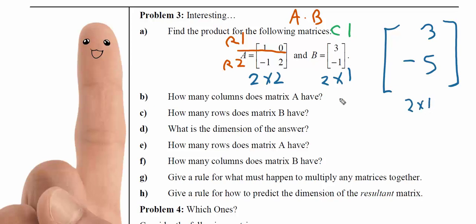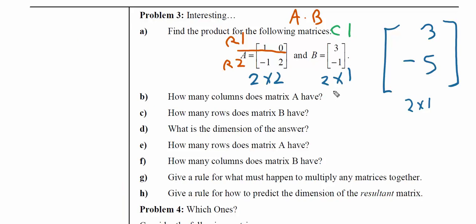We know that matrix A had 2 columns and matrix B had 2 rows, right? That allowed us to recognize if we can multiply or we can't. If these numbers are not identical in the middle, then we would not be able to multiply at all. However, in this example, they were the same number, and that allowed us to multiply.